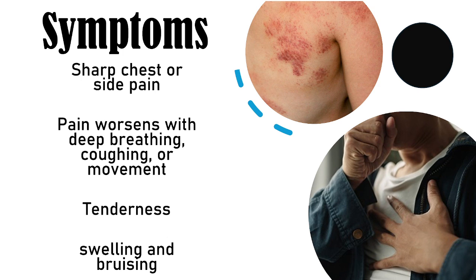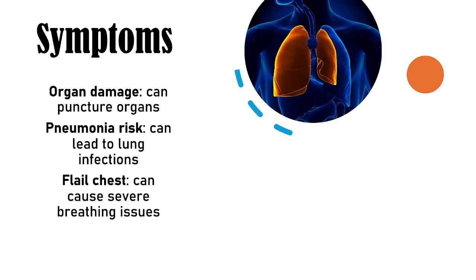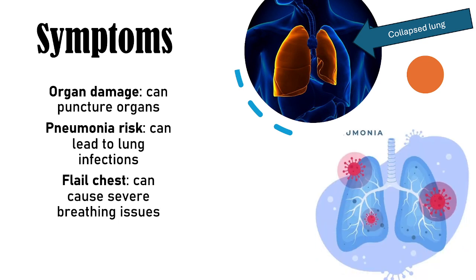If not caught in time, new symptoms and complications can present themselves and cause extended damage to the body, such as: 1. Organ damage. Broken parts and segments of the rib can puncture organs, causing internal abrasions and collapsed vital organs. 2. Pneumonia. Improper deep breathing resulting from previous symptoms associated with this fracture increases the risk of lung infections. 3.